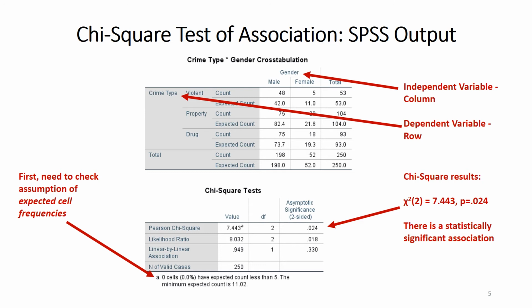So if we're looking at the association between crime type and gender, we have to think, well, what came first? Did your crime type determine your gender? No. More often than not, we would probably argue in a logical fashion that maybe there's an association between your gender having an influence on your crime type. So we identified gender as our independent variable, so it became the column, and then crime type becomes our dependent variable, so it's inserted into the row.